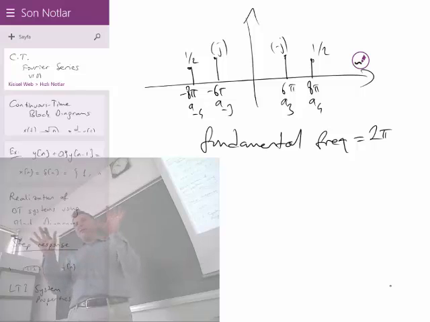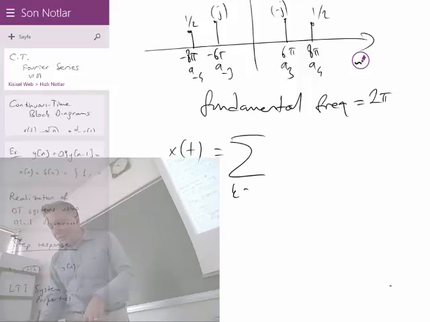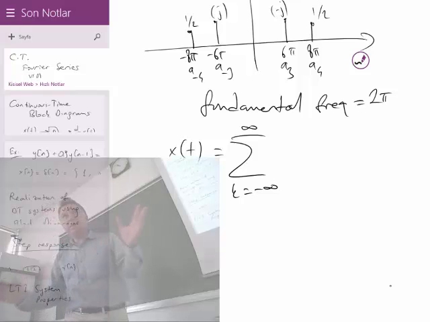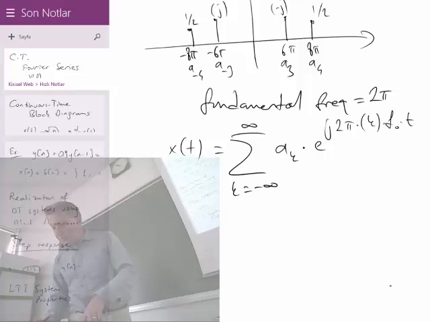If you start combining multiples of sinusoids, you must be careful about that, because you must eventually express your x of t like this. K from minus infinity to infinity, there may be infinitely many harmonics, a k times e to the j times 2 pi times k times the fundamental frequency f0 times t.